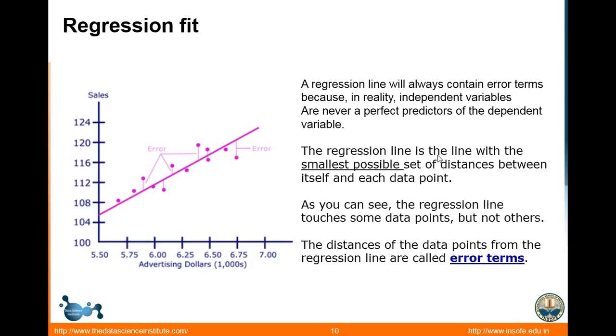So let me explain this to you. We find a straight line and we know the points on the straight line. We have the actual points that are scattered around the straight line. We take the distance from each of those points to the regression line. So as you see here, we have the points and we take the distance from the line.